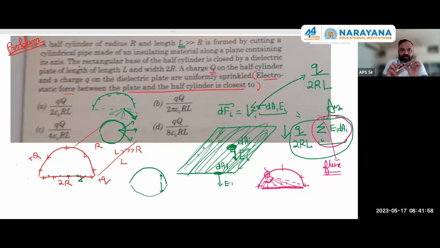So my net flux will get multiplied by a factor of 1/4. The same thing holds for the other element also. If I draw this angle, I know the angle in a semicircle is 90 degrees. So again, out of the total flux with cylindrical symmetry, this 90 degrees will accomplish 1/4.